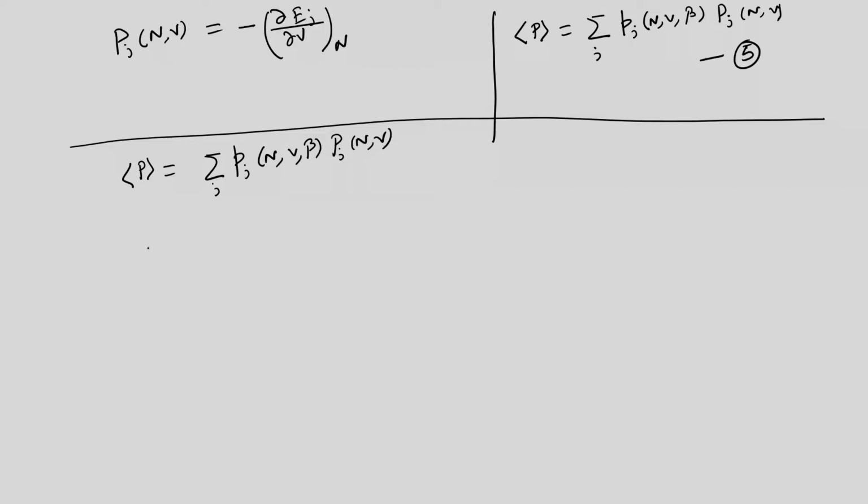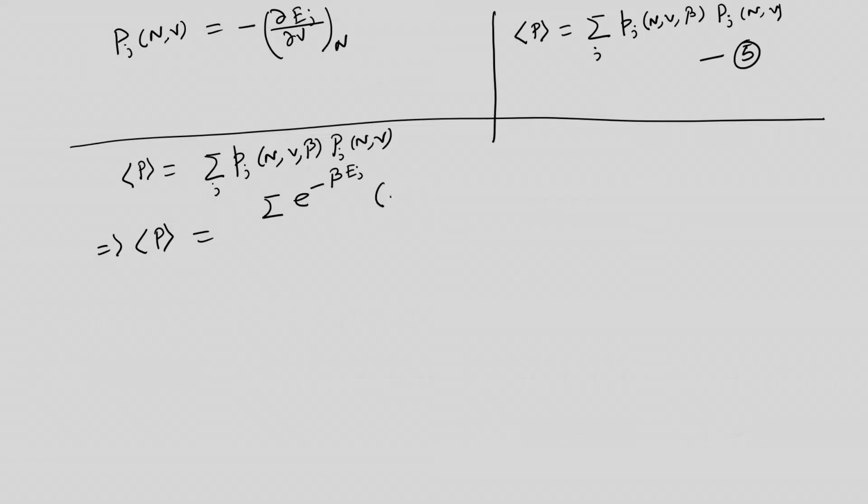Now, we know the expression for probability. If you substitute the expression for probability here, we get e to the minus beta Ej times Pj.